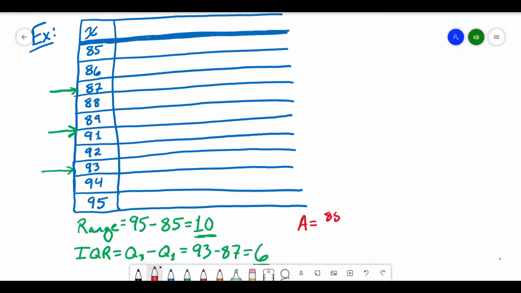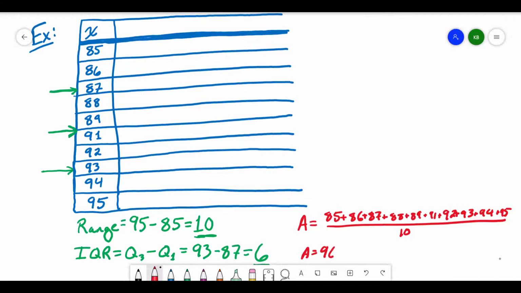So I'll have 85 plus 86 plus 87 plus 88 plus 89 plus 91 plus 92 plus 93 plus 94 plus 95 divided by my 10 scores. So I'm going to end up finding out that my average is 90. And I'll be using that.